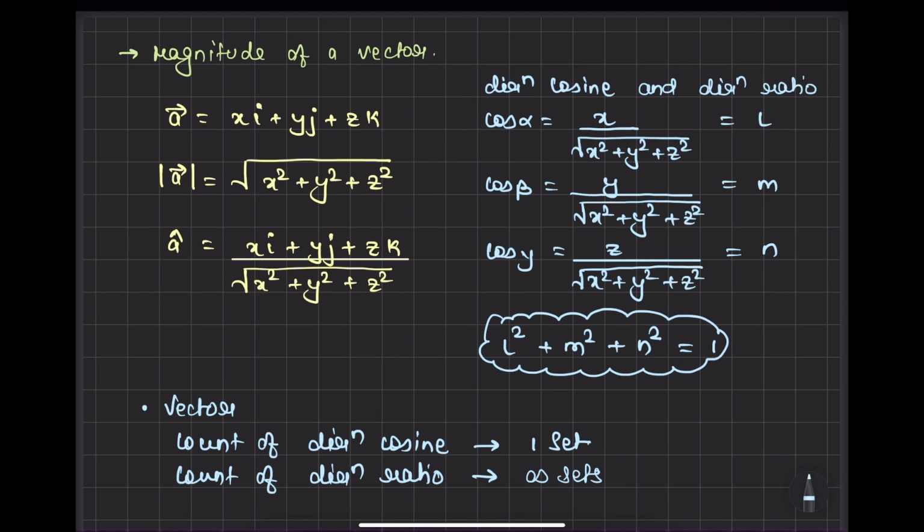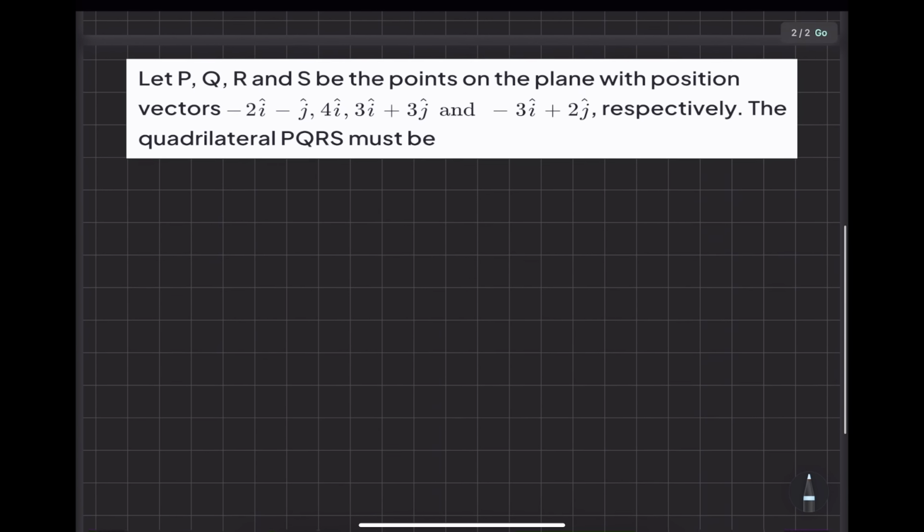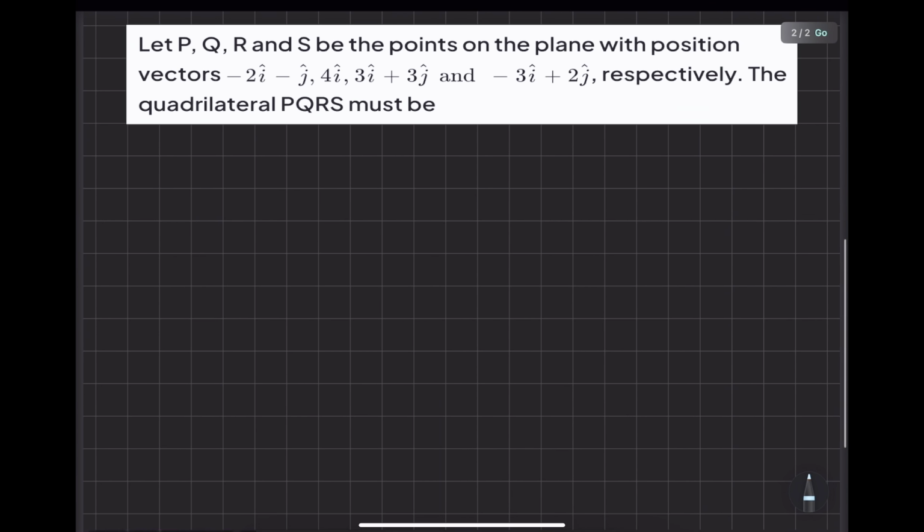I hope this part is clear. Now let's jump on to this question. Let P, Q, R, S be the points in the plane with the given position vectors. So position vector means what? From the origin. So this is OP, this is OQ, this is OR, this is OS.